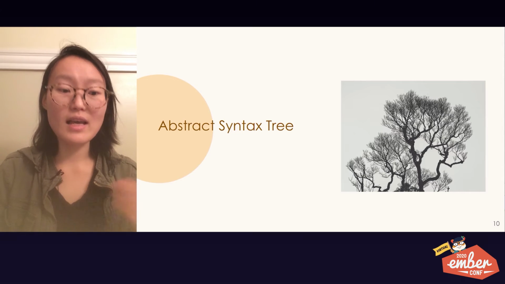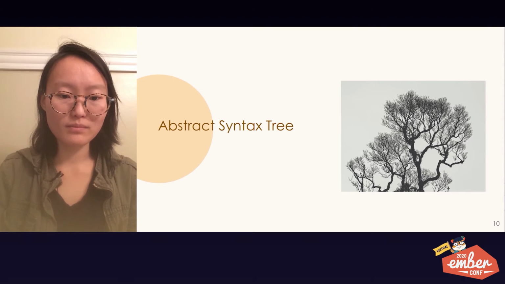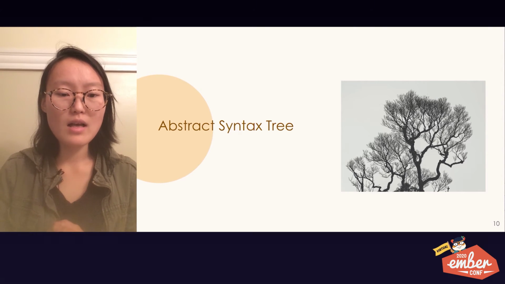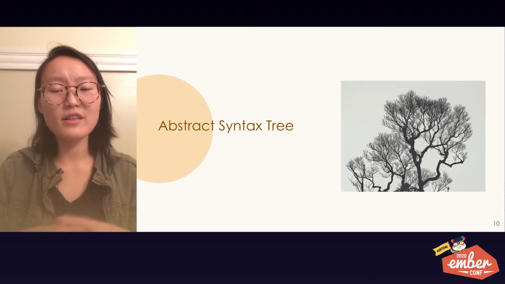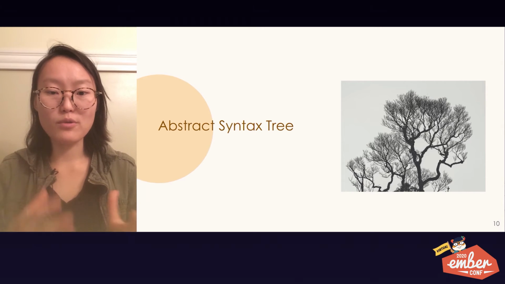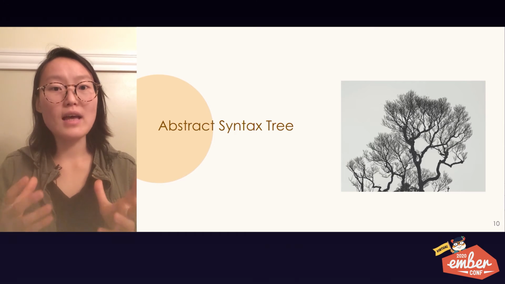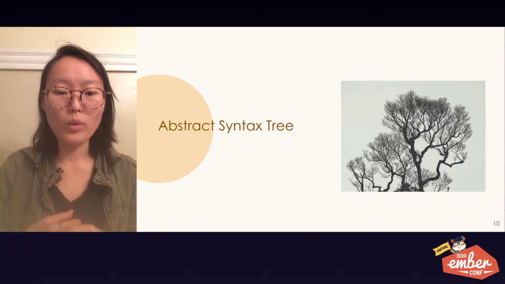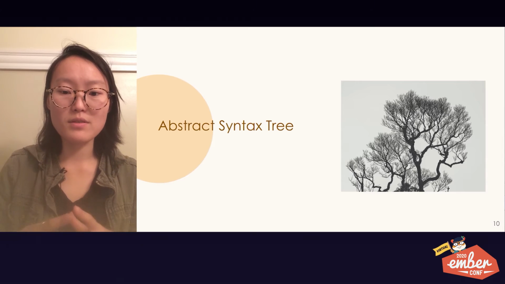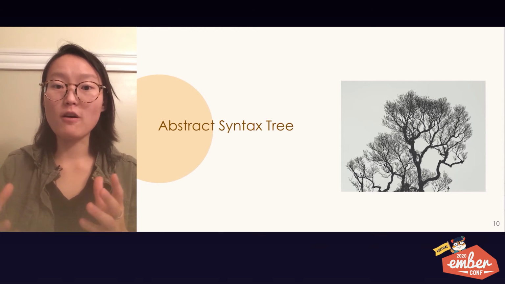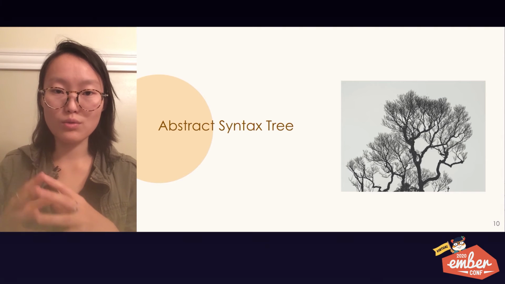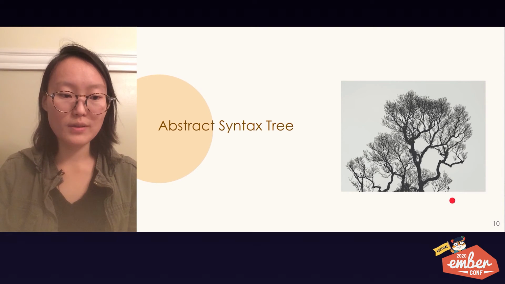The answer is abstract syntax tree. Abstract syntax tree is basically a tree structure that highlights the most important syntax of a language. To understand abstract syntax tree well, we have to start with the most basic concept of a tree and then see how the concept evolved from a tree to abstract syntax tree.